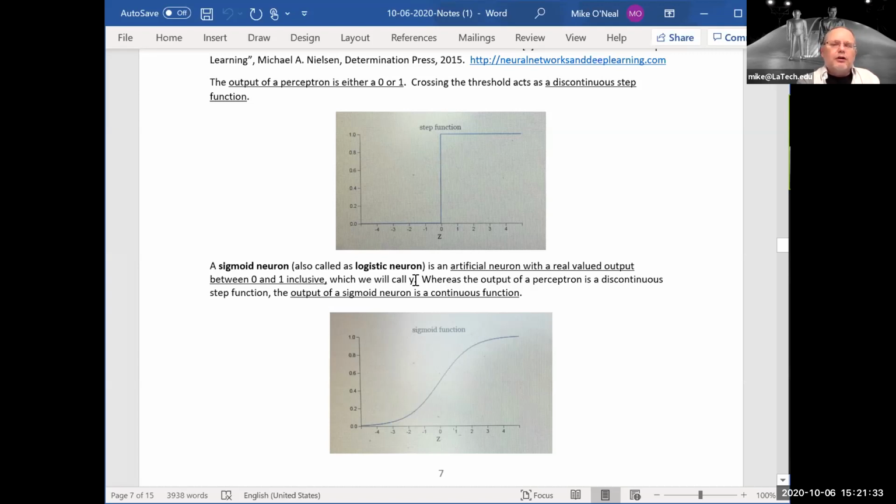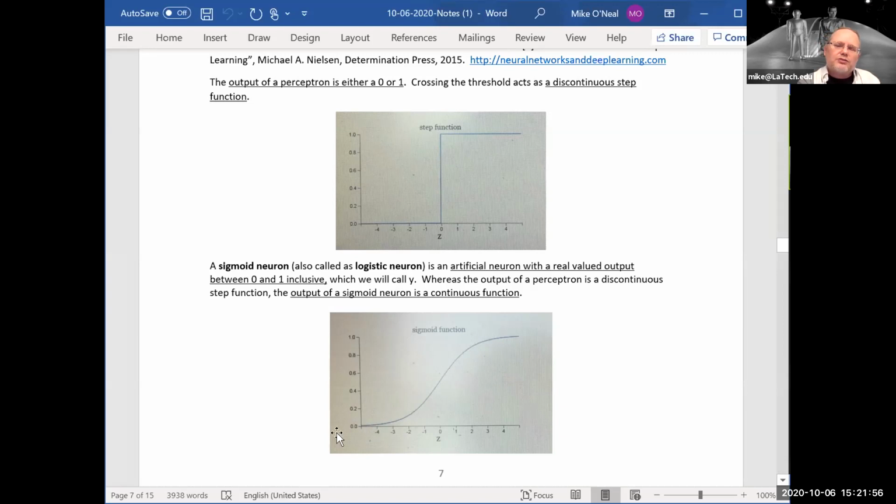With a logistic neuron, you get a smooth kind of S-curve. And if we drew this out further, this would be almost completely 0, and this would be almost completely 1. It never absolutely reaches 1, and it never is absolutely at 0, but these asymptotically approach.